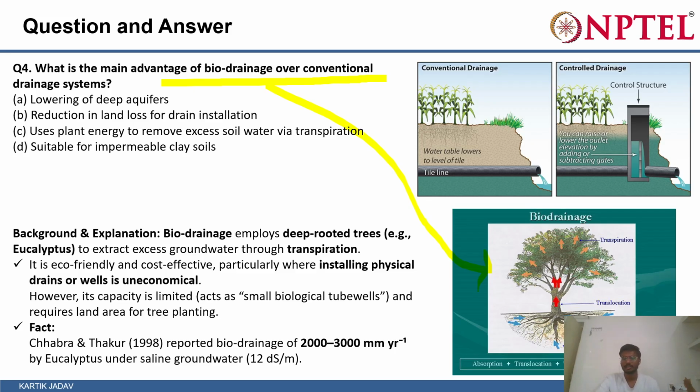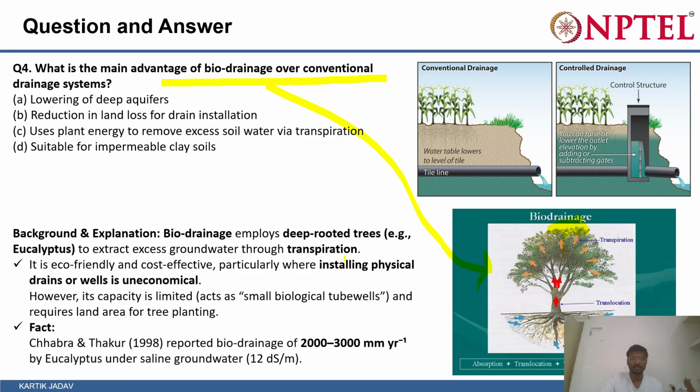By absorbing this, it lowers the water table, because whatever water is absorbed is lost through transpiration. So ultimately, it is removing water from the root zone.